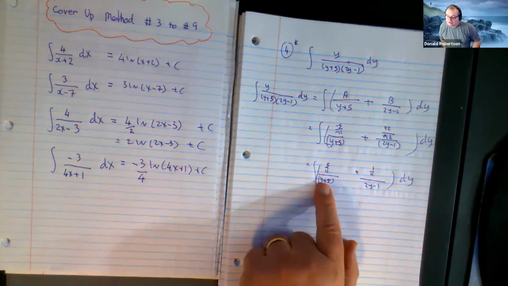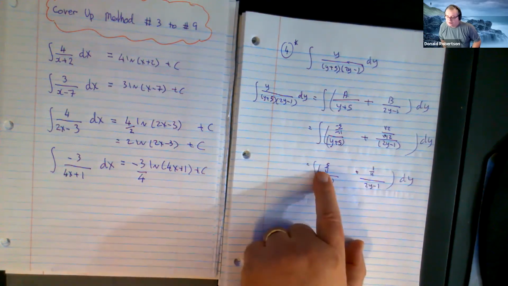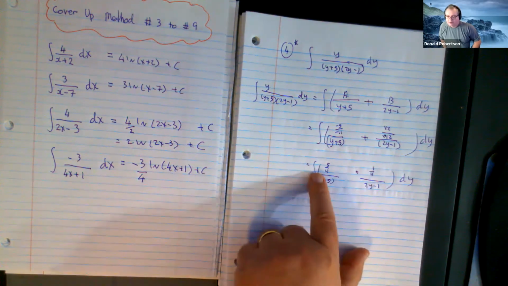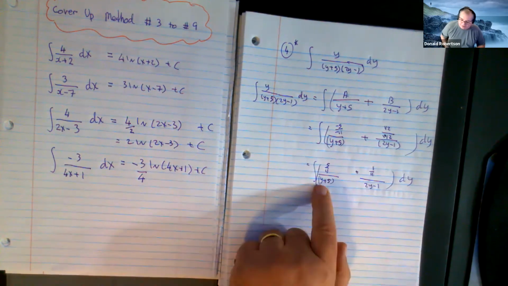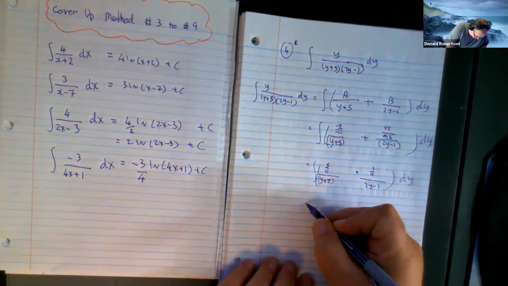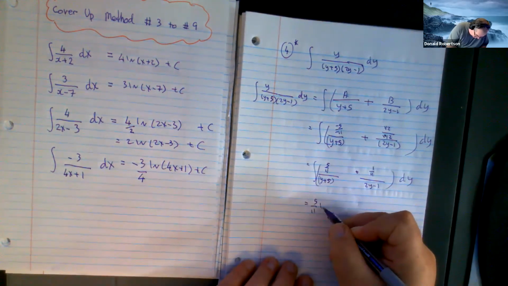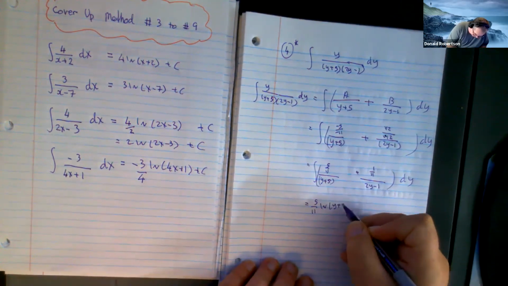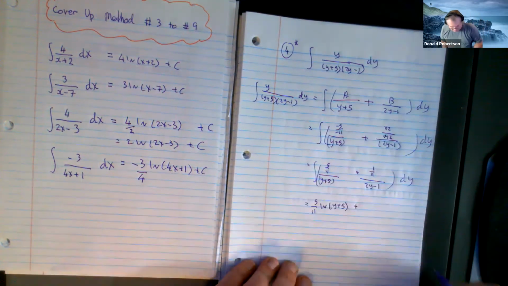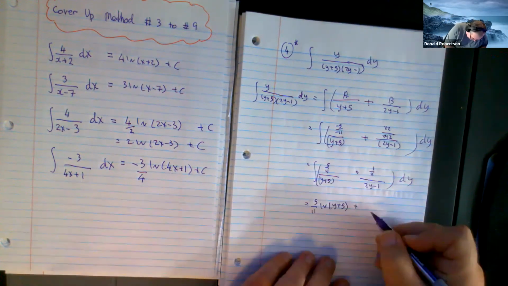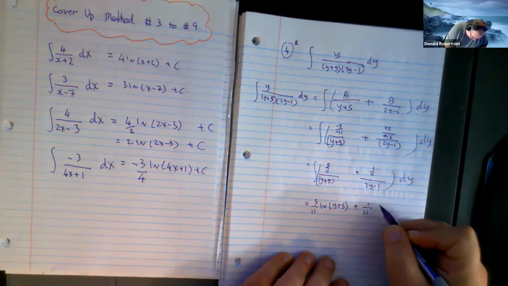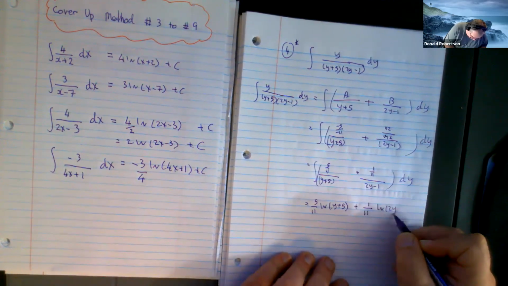Now, each of these 2 guys, although they have ugly values at the top, we'll live with that, can be integrated. This fella here is 5/11ths, the natural log of y plus 5. This fella isn't just 1/11.